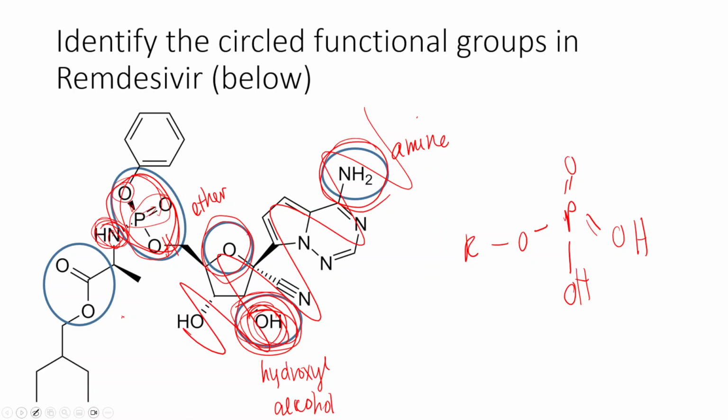Or I think one of these is actually a double bond, but I can never count these. Sorry. So a phosphate ester has just one R group. Phosphate diester has two R groups.